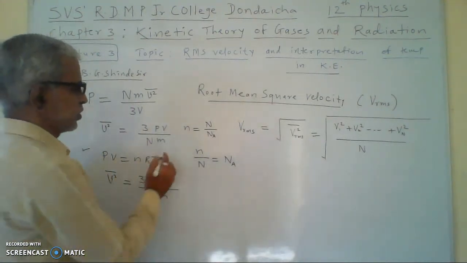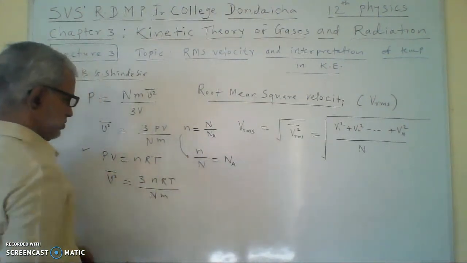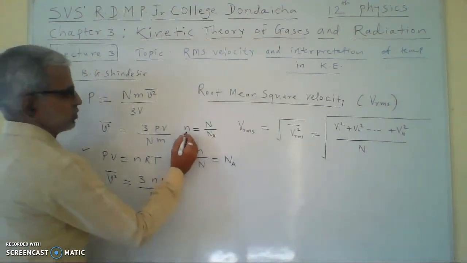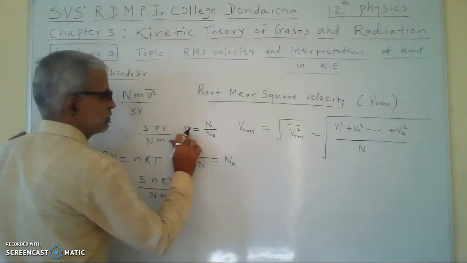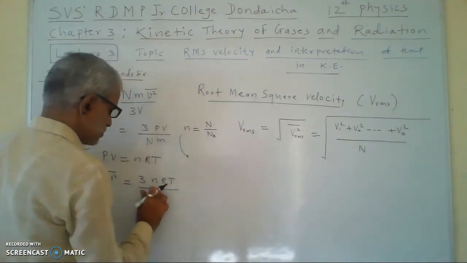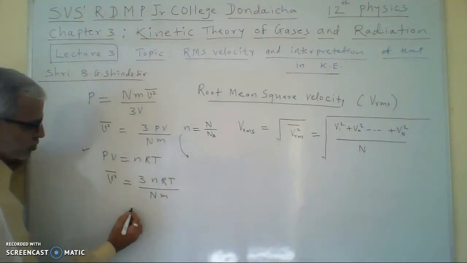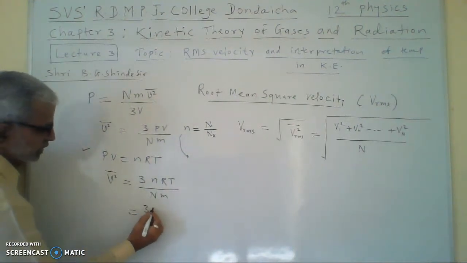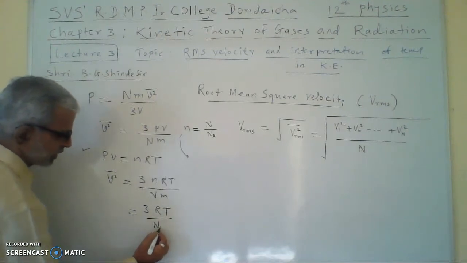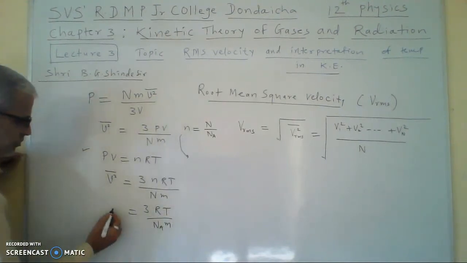So using this, let us put n is equal to N upon Na in this equation. So we can write v square bar equal to 3RT upon Na multiplied by m.